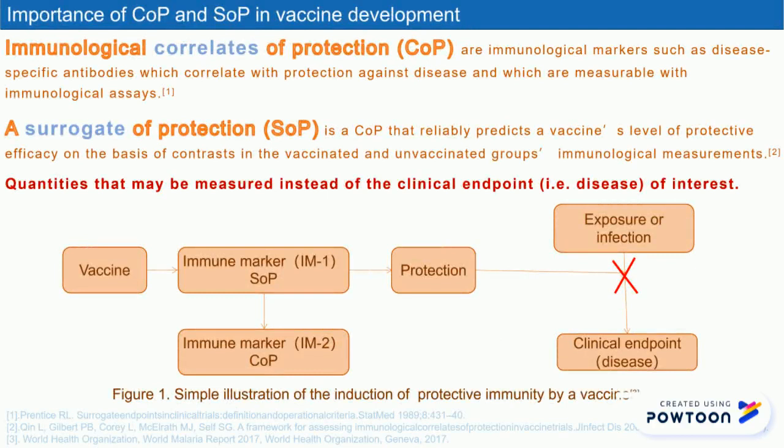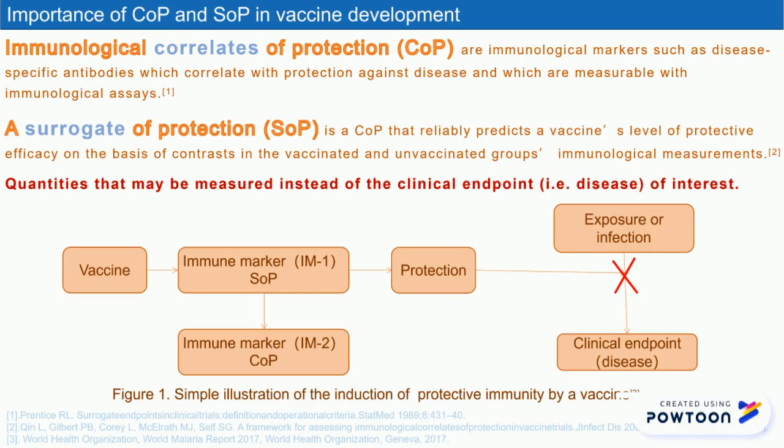There are now at least 3 different conceptual definitions that have been used for COPs, which have created confusion in the literature. We have concluded that immunological correlates of protection are immunological markers or indicators, such as disease-specific antibodies, which correlate with protection against disease, and they are measurable with an immunological assay.